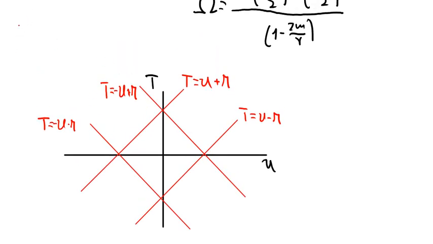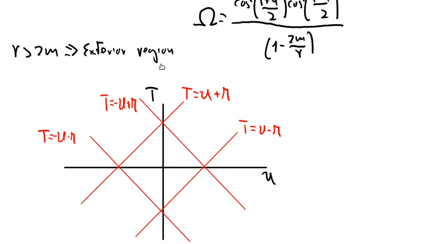So let us start by assuming that small r is greater than 2m, which is the so-called exterior region. You will see why. Okay, then what happens in this case?